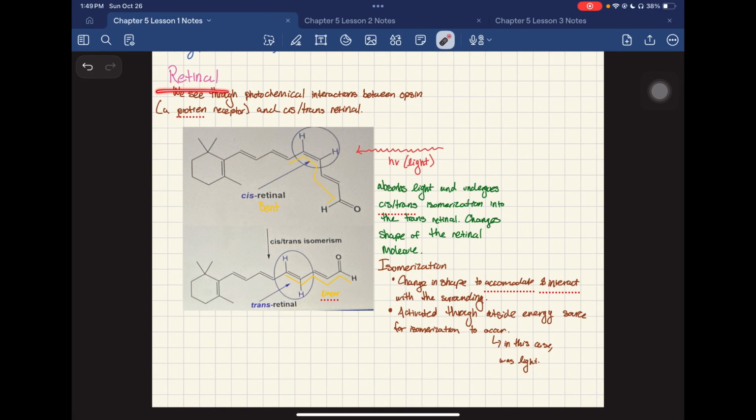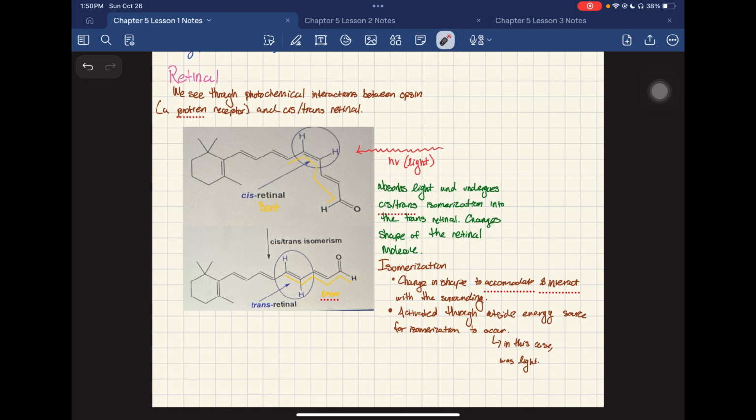So this is retinol. We see through photochemical interactions between opsin, which is a protein receptor, and cis retinol, HV light goes in to interact, and then through isomerization, we get a trans retinol from the cis retinol. So the cis retinol is going to absorb light and undergo cis-trans isomerization into the trans retinol. This changes the shape of the retinol molecule.